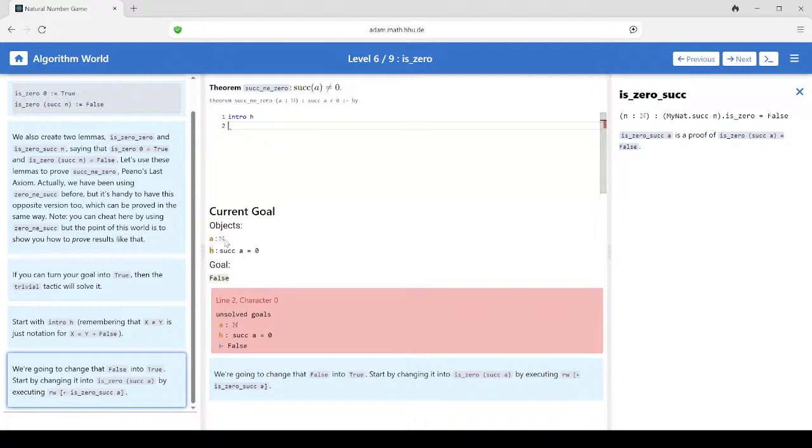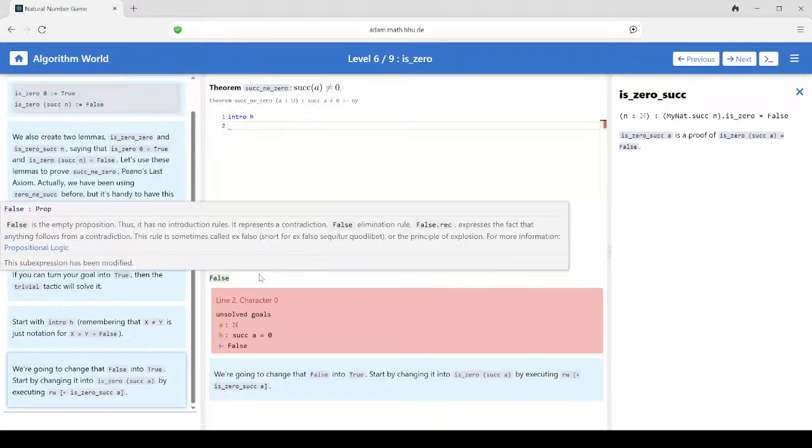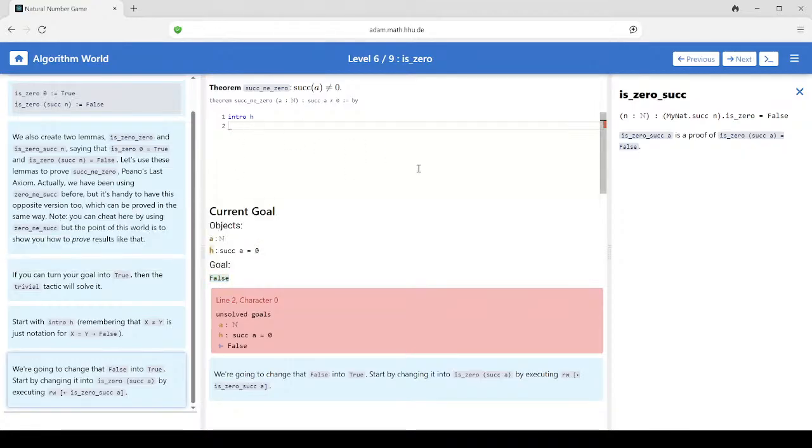Wait, we're not changing this. It's not telling me to say at H, right? I would have to have at H in order to change the hypothesis. But we're going to change the goal, which is just false. So, I'm still a little bit confused.